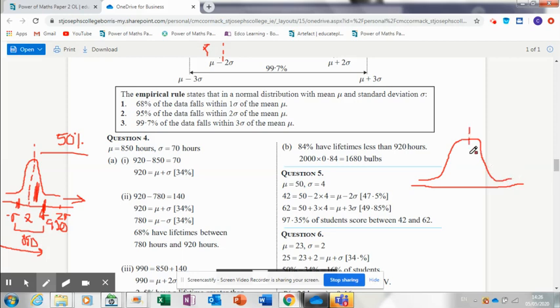Right. This is your mean, which is your x bar. And your x bar here is 50.